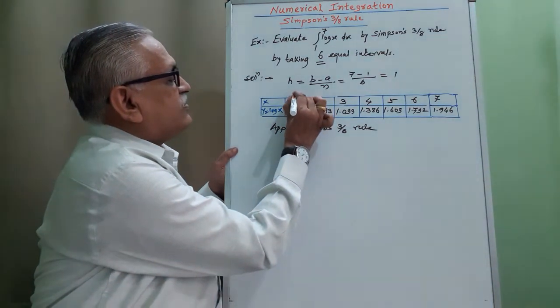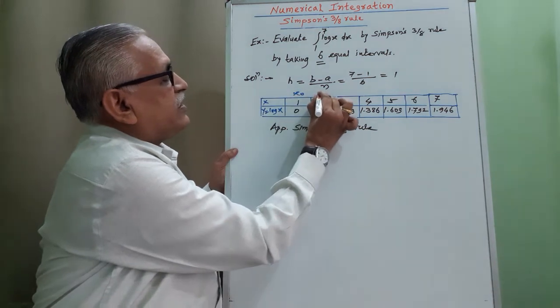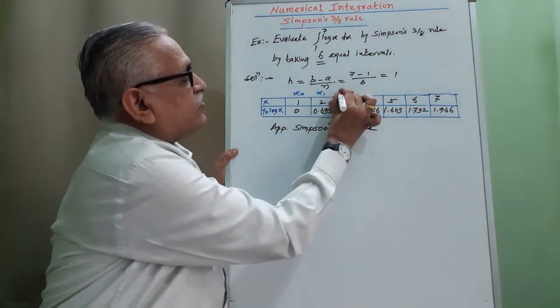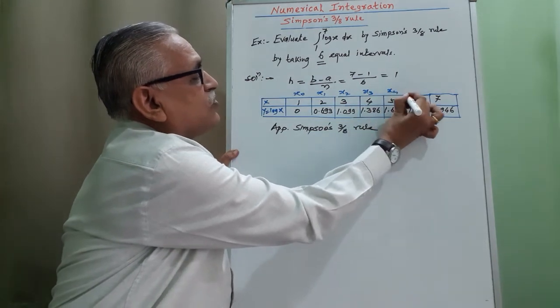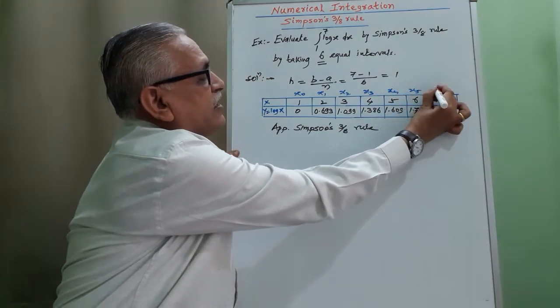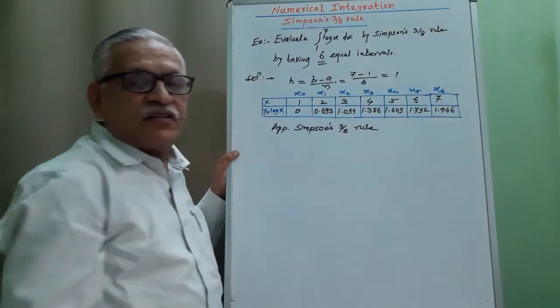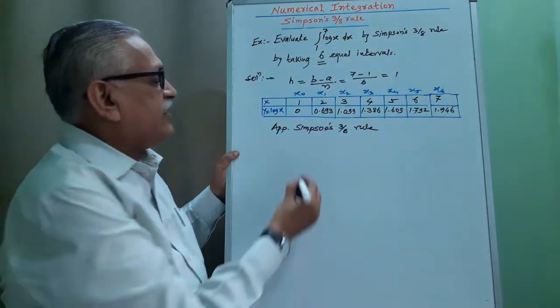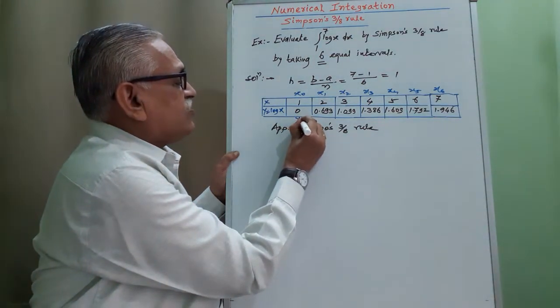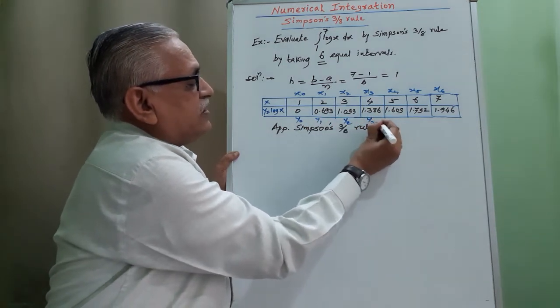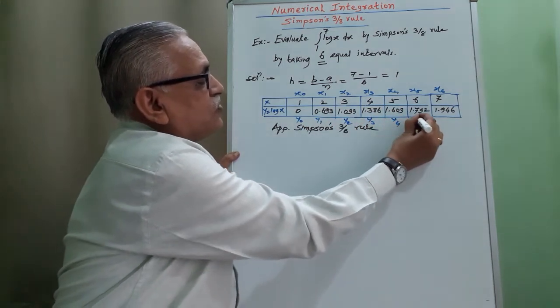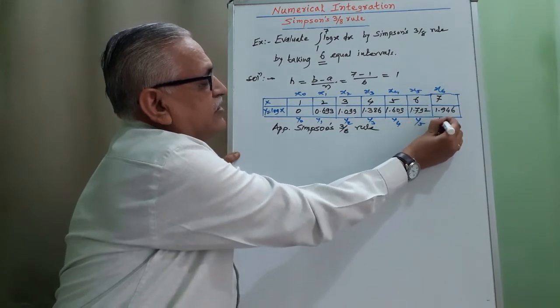The first value is x0, next x1, x2, x3, x4, x5 and x6. These are the values of x, and the corresponding values are y0, y1, y2, y3, y4, y5 and y6.